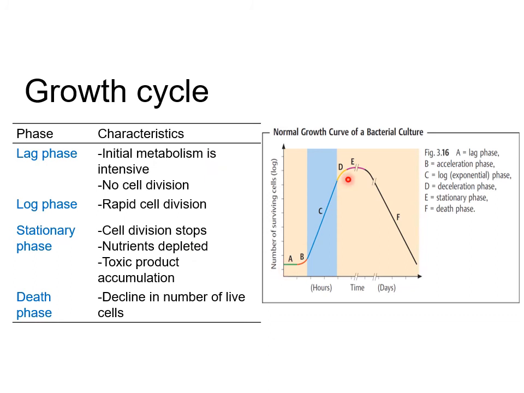Once it kicks off, it starts dividing very rapidly in the second stage, which is called the log phase. So you have rapid cell divisions, and then it reaches the stationary phase in which the cell division stops.